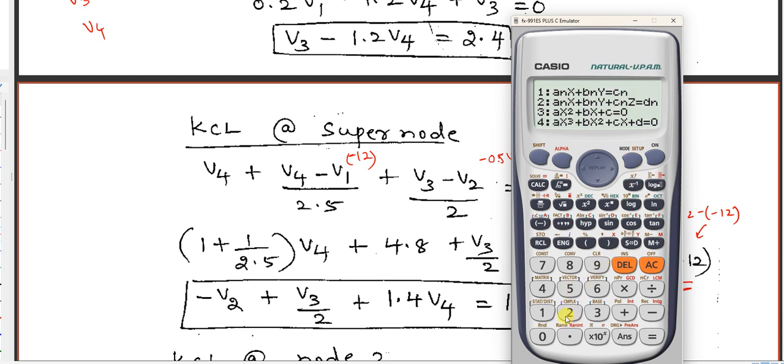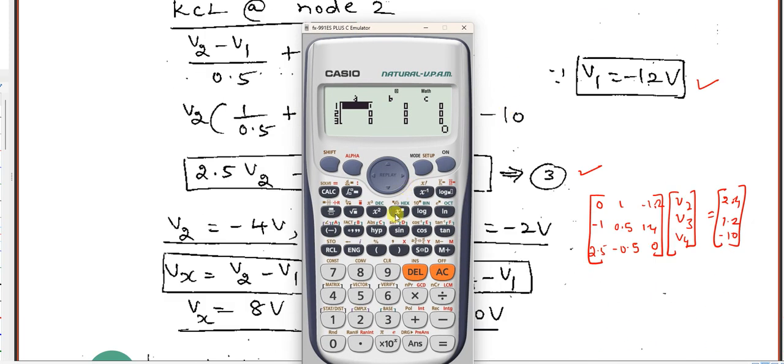Equation number 5. The equation terms are: 0, 1, minus 1.2, 2.4; minus 1, 0.5, 1.4, 1.2; 2.5, 0.5, 0 is equal to minus 10.